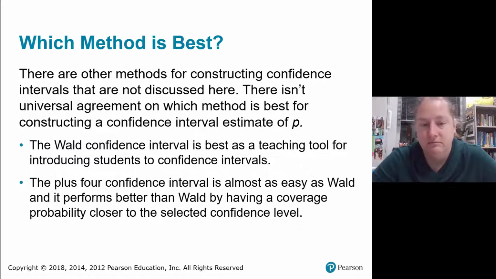So it's better in that sense. The others could also be considered better, but without technology to do calculations for us, we wouldn't necessarily want to use those. So really sticking with either what we went through today or thinking about this +4 as an alternative.